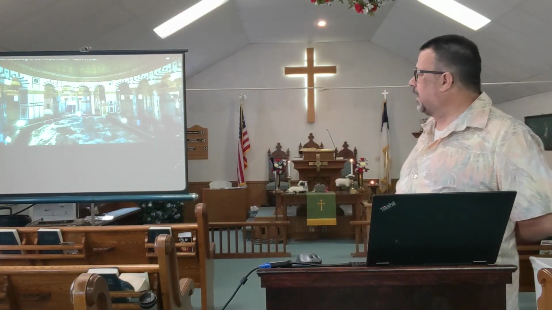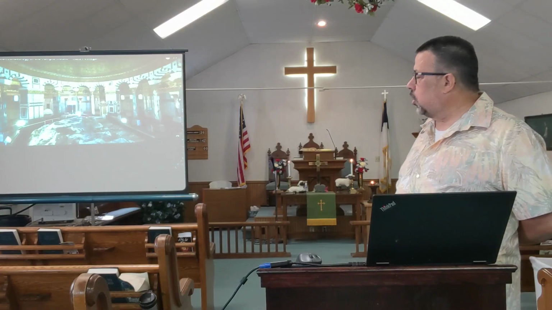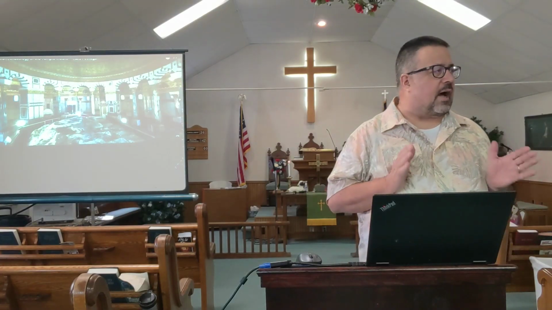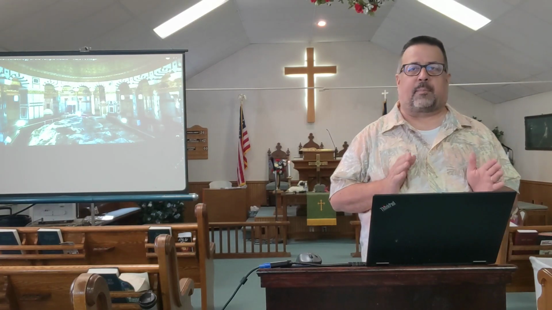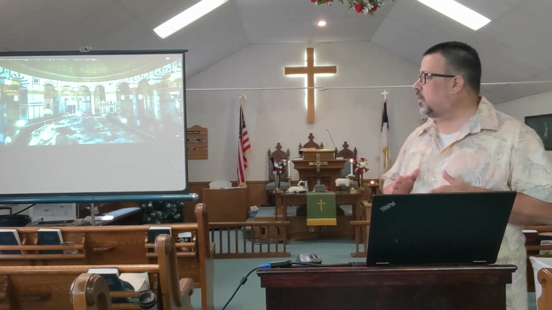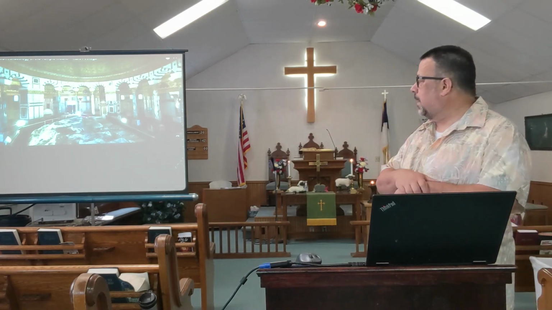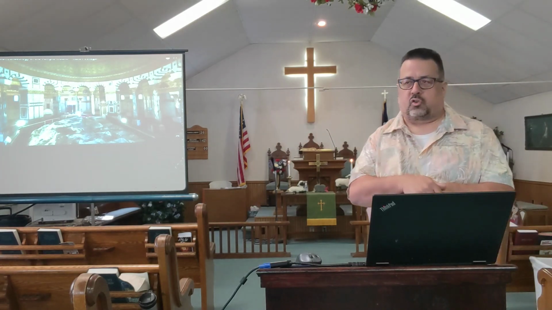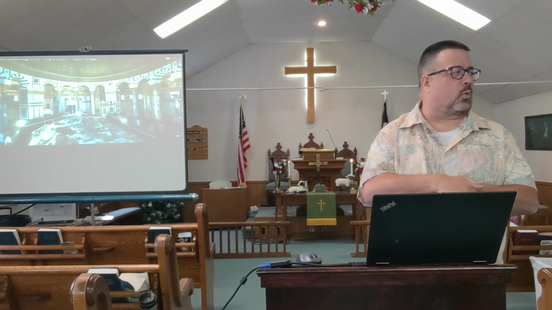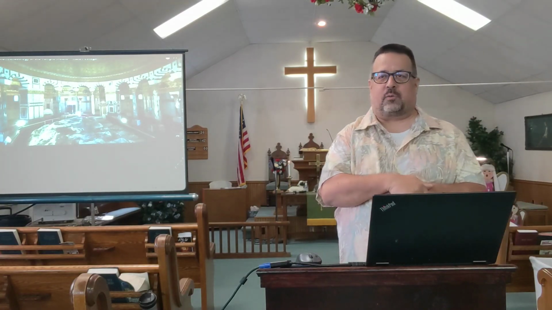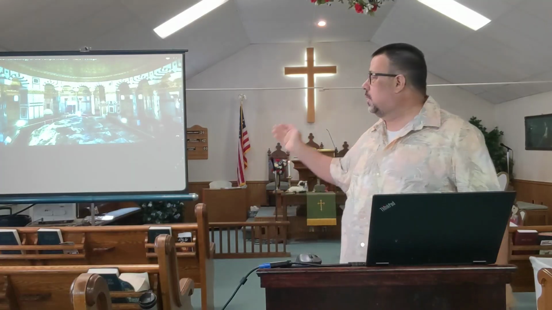This is a picture of the foundation stone. This is the stone that was inside of the Holy of Holies in Solomon's temple. The Ark of the Covenant actually rested on this stone directly. This is the stone that the Jews called the navel of the world, the creation of the world. They believe Adam was created here.